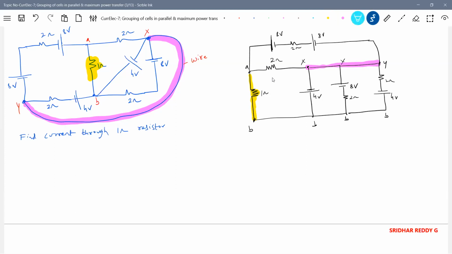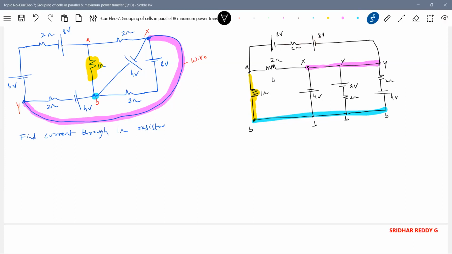There's a point B. Everything is point B. Let's further simplify this. This is 8 volt, 16, and this is 2 ohm.